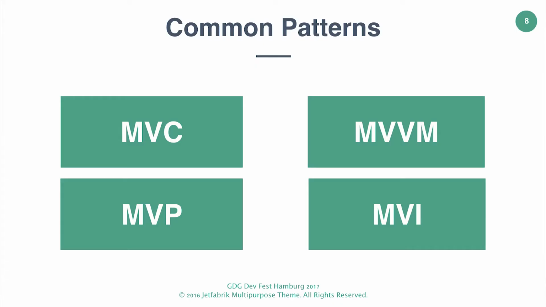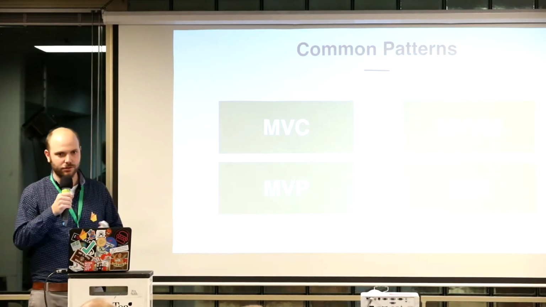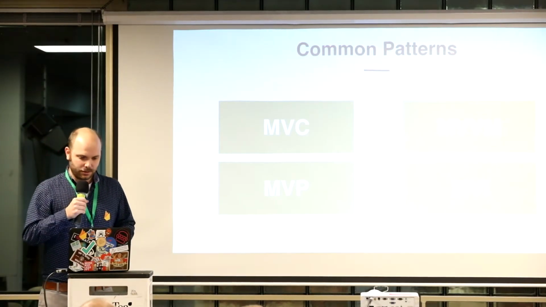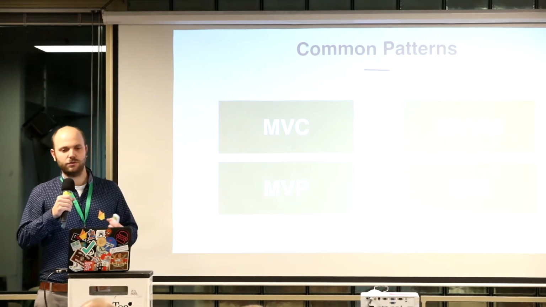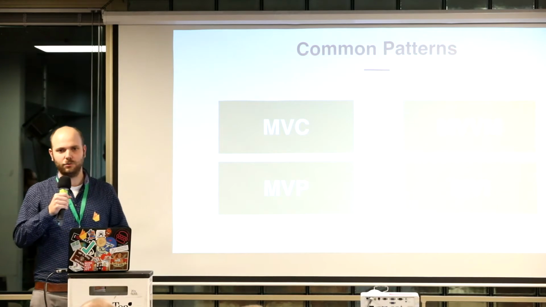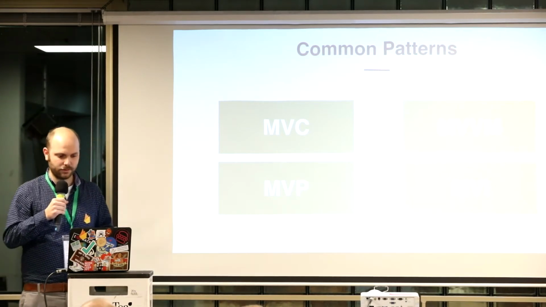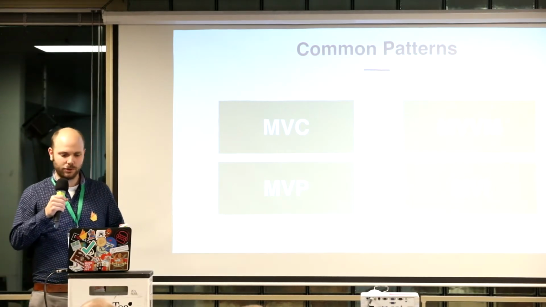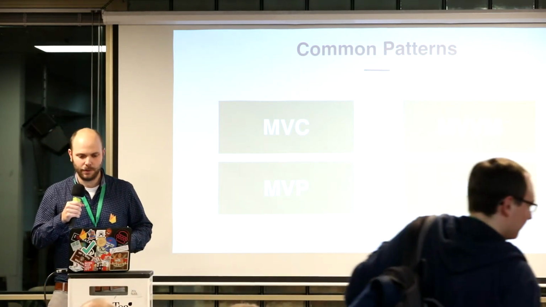Common patterns that we all know: MVC, MVP, MVVM, and actually Yossi in the last meetup here in Hamburg presented us with MVI, which is Model View Intent. I'm sure everyone has used or implemented one or more of these patterns. I'm not here to tell you what is better and what is not. It basically depends on what you feel more comfortable with.